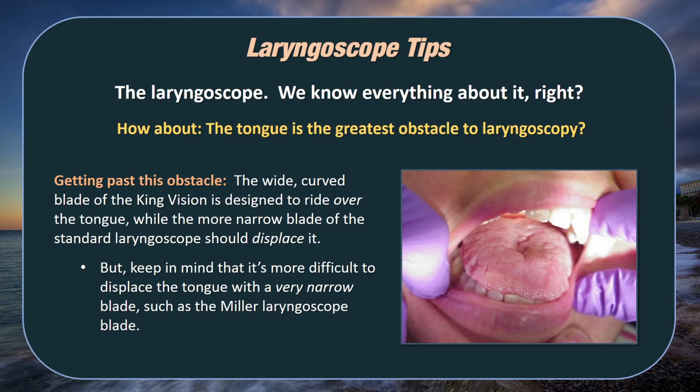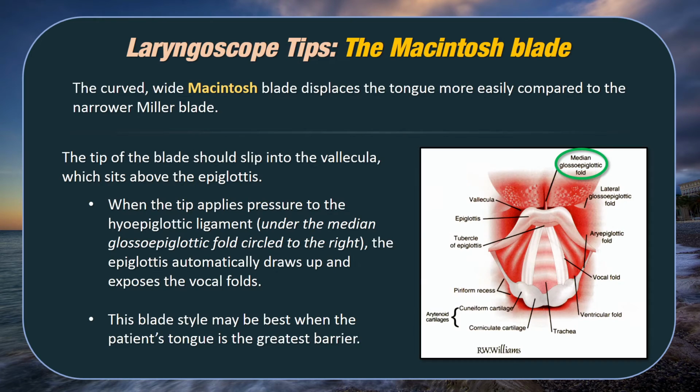And so sometimes the Mac may be more beneficial, in some cases with patients with a very large tongue. Once again, the Macintosh blade is a little bit wider than the Miller, and so it will displace the tongue a little bit more easily compared to that narrow blade of the Miller.